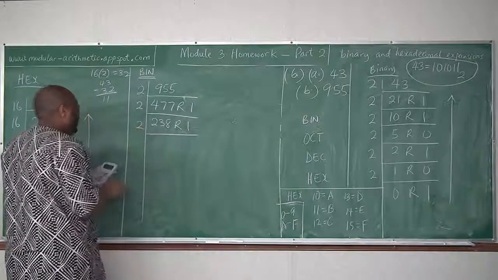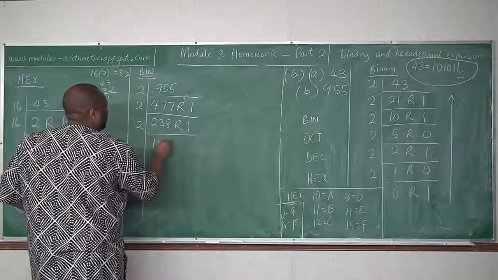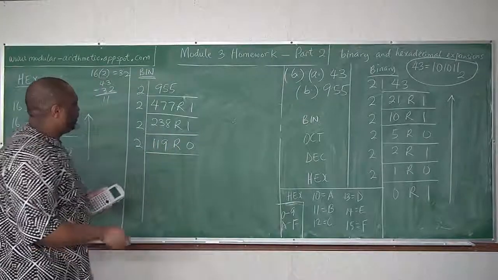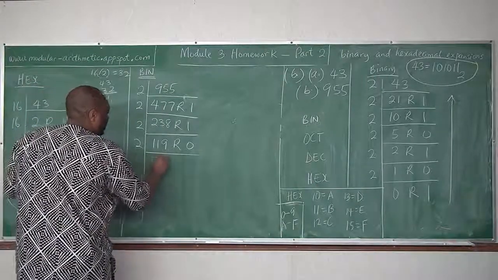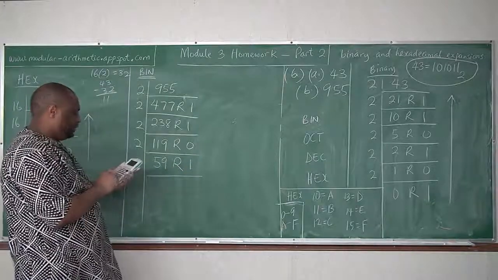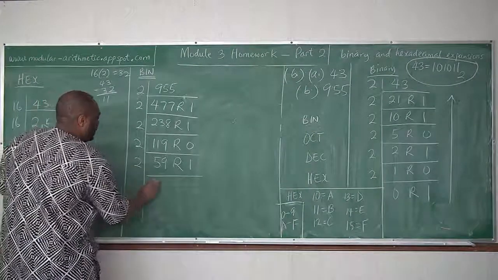Okay, 2 divide that will give you 119. Remember 0. Then 2 divide 119 is 59. Remember 1. 2 divide 59 will give you 29.